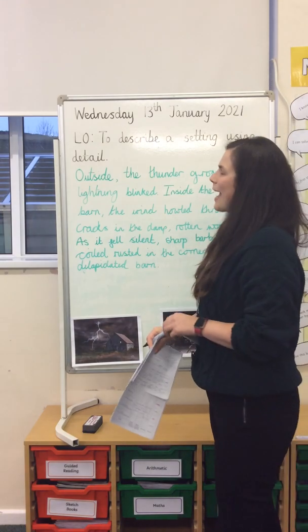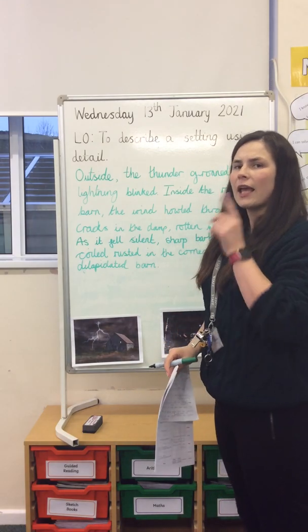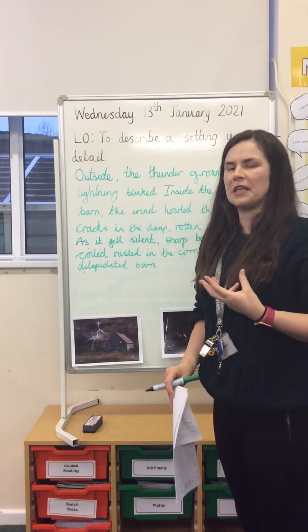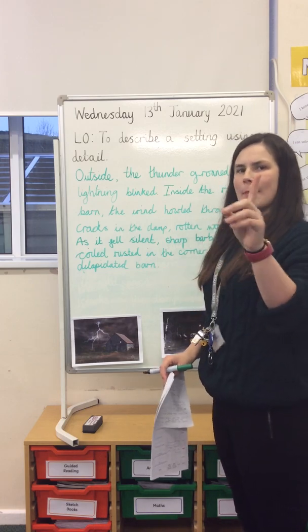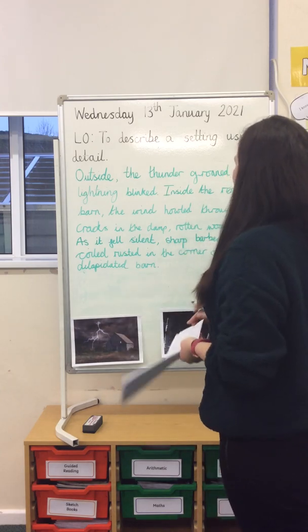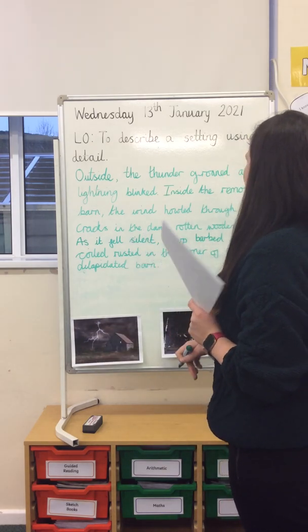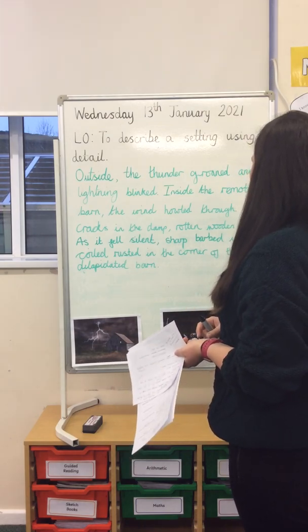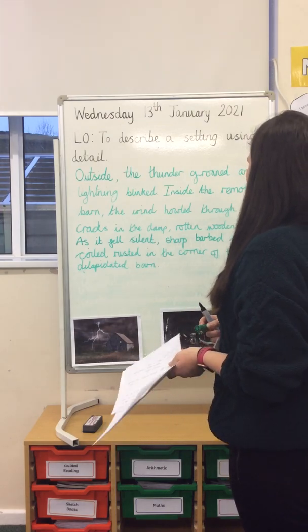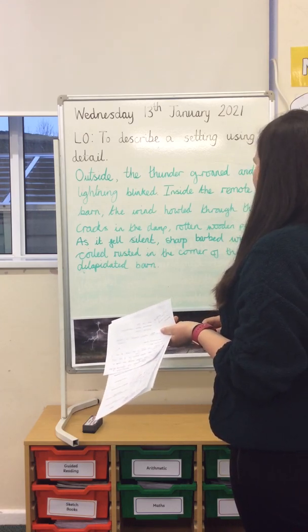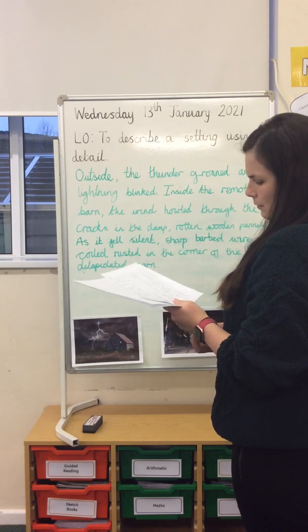I have not put any character in yet. If I were to put a character in, it would be Omar from our story. No one else, one person, just Omar. Outside, the thunder groaned and lightning blinked. Inside the remote barn, the wind howled through the cracks in the damp, rotten wooden panels. As it fell silent, sharp barbed wire coiled, rusted in the corner of the dilapidated barn.